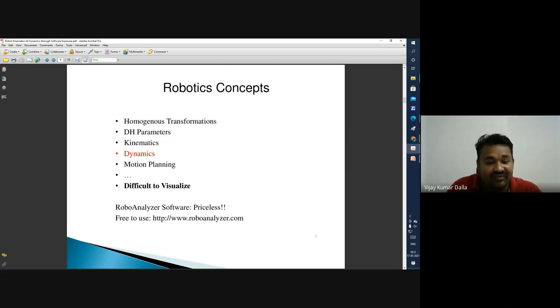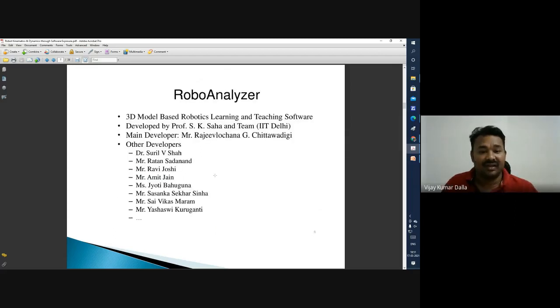You can freely access it by this website address. The RoboAnalyzer software is a 3D model based robotics learning and teaching software developed by Professor S.K. Saha and his team at IIT Delhi.